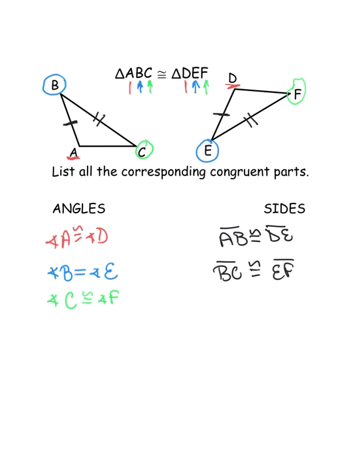And the last side of the first triangle, AC, red to green, lines up with DF, red to green. So AC is congruent to DF. Those are the pieces that correspond with each other.